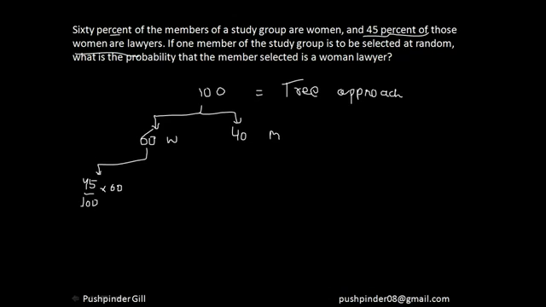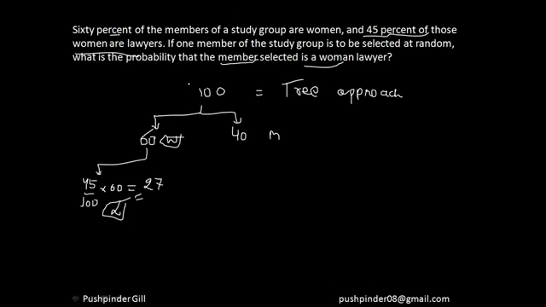So if I calculate it, it comes out to be 27 women. They are lawyers, right? So now he is asking, what is the probability that the member selected is a woman lawyer? So I have women here and I have lawyers here which are women, which are equal to 27.